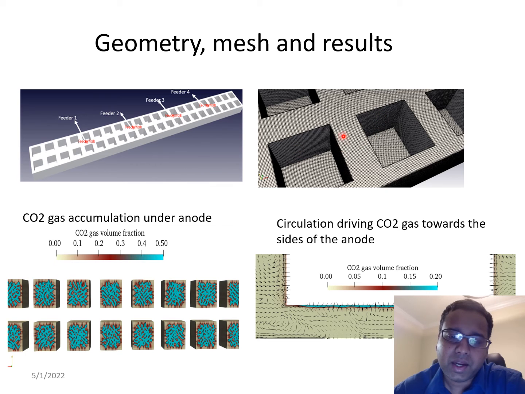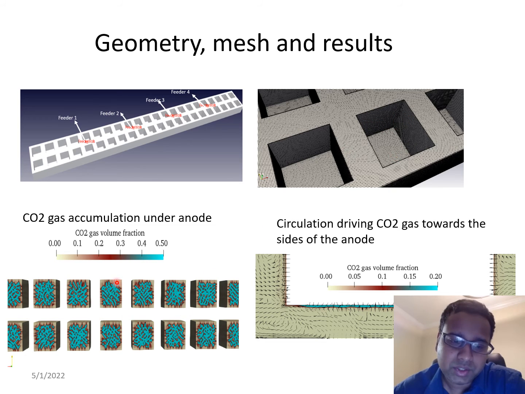And on the right you can see the mesh used, which has hexahedral elements everywhere. And this had about 20 to 25 million cells, and this was run on about 384 cores.